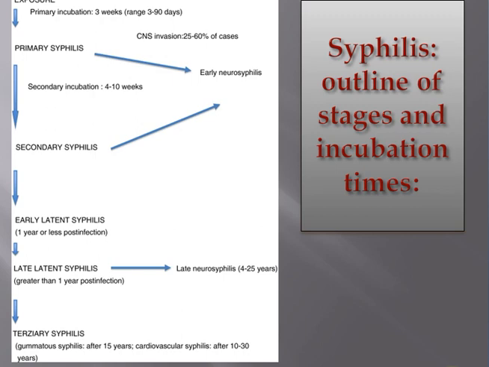In about 10 to 20% of cases, the primary lesion is intrarectal, perianal, or oral. Different from other sexually transmitted diseases, for example HIV infection, Treponema pallidum is easily transmissible by oral sex, kissing, and close contact with infectious lesions.